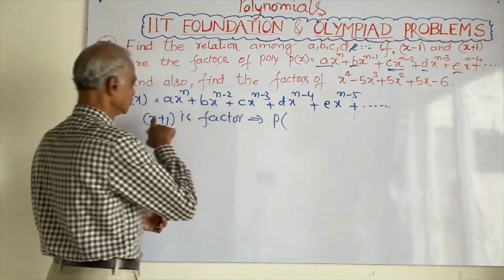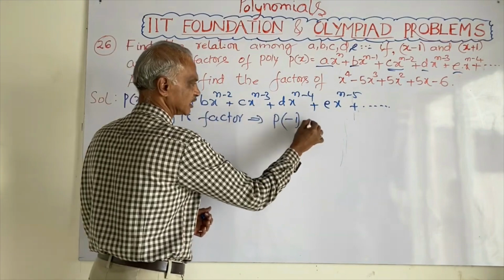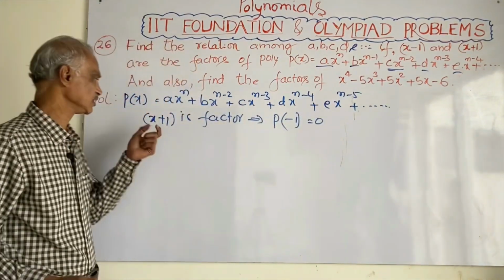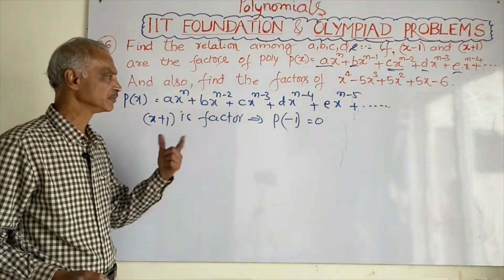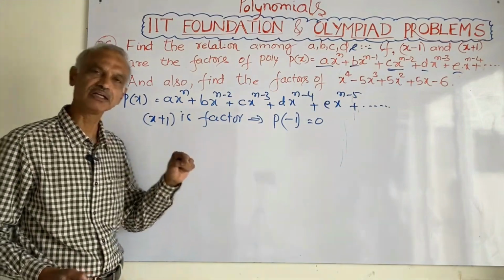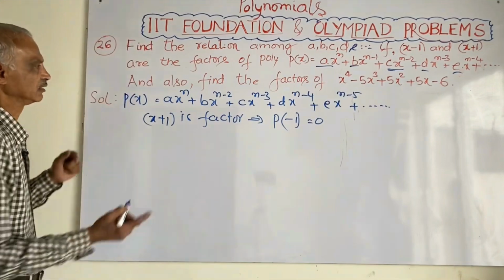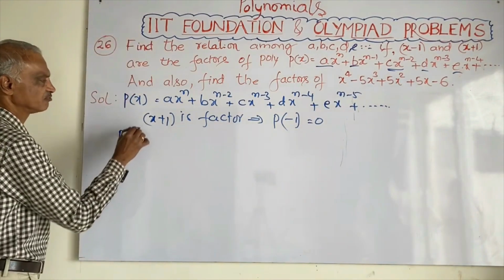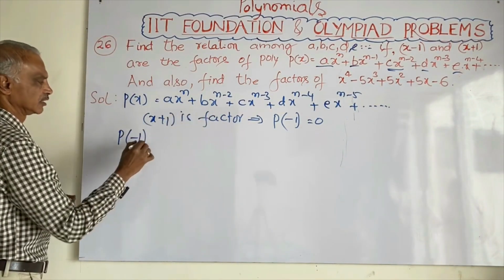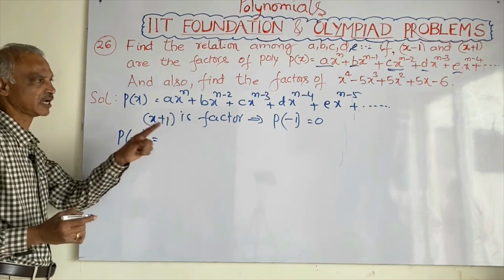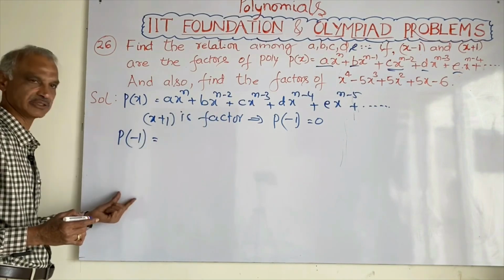P of minus 1, the remainder, will be equal to 0. If x plus 1 is a factor, means p of minus 1 is the remainder, that will be equal to 0. I have to substitute p of minus 1 is equal to 0 here.